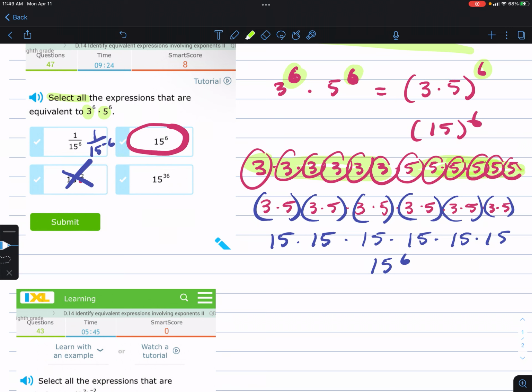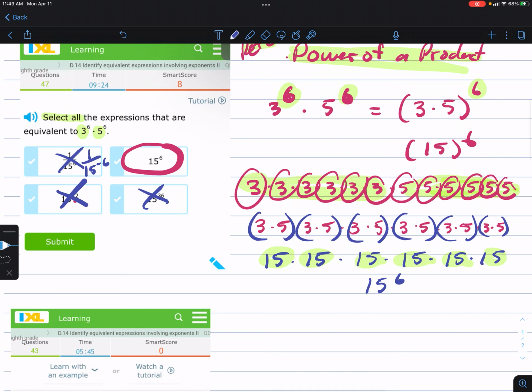Let me ask you again, do you see 36 15s here? No, there are only 6 15s, so it cannot be that one. So this is a case where the select all could be a little deceitful if you don't understand what you're doing. If you write it all out in expanded form and then regroup things, that's how you could wind up with 15 to the 6th power.